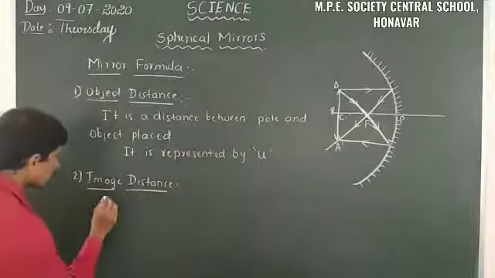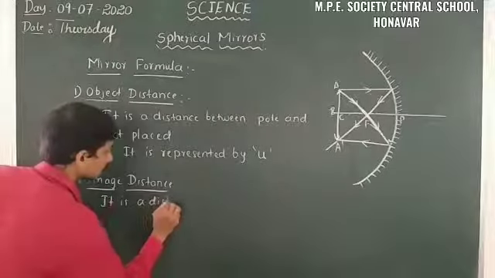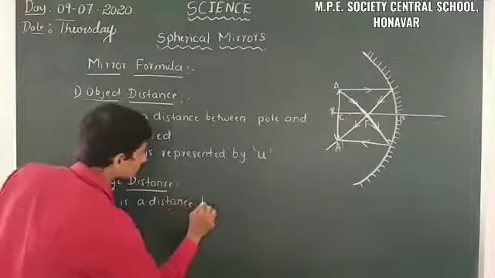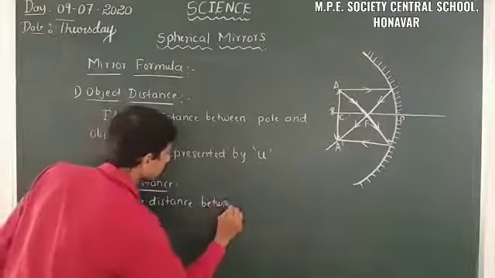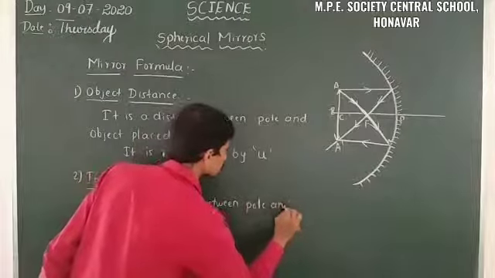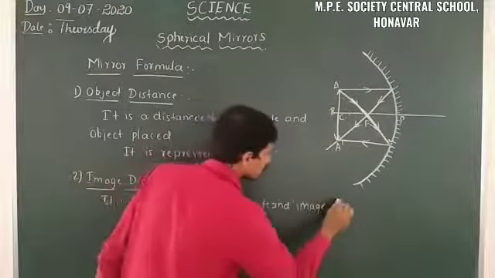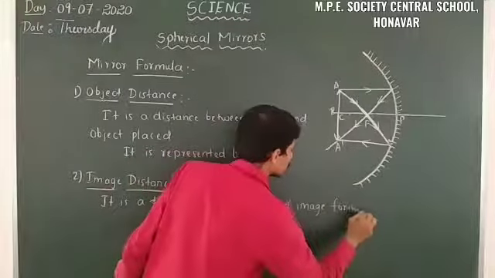It is the distance between the pole and the image formed.